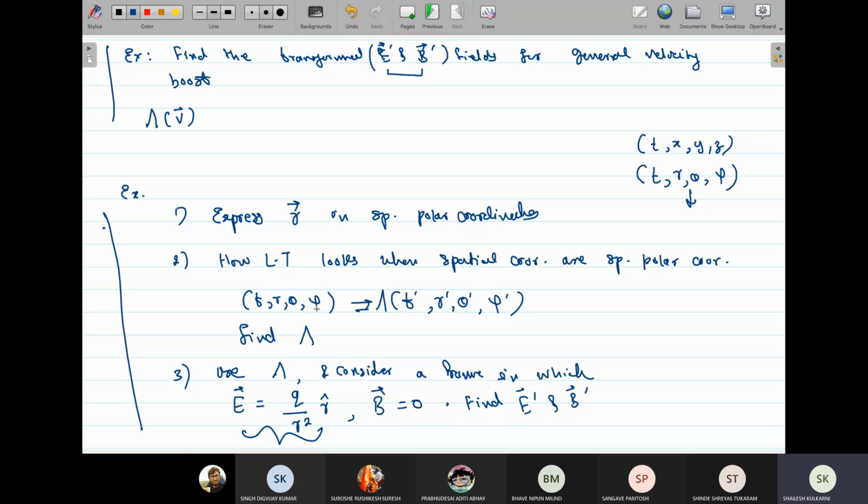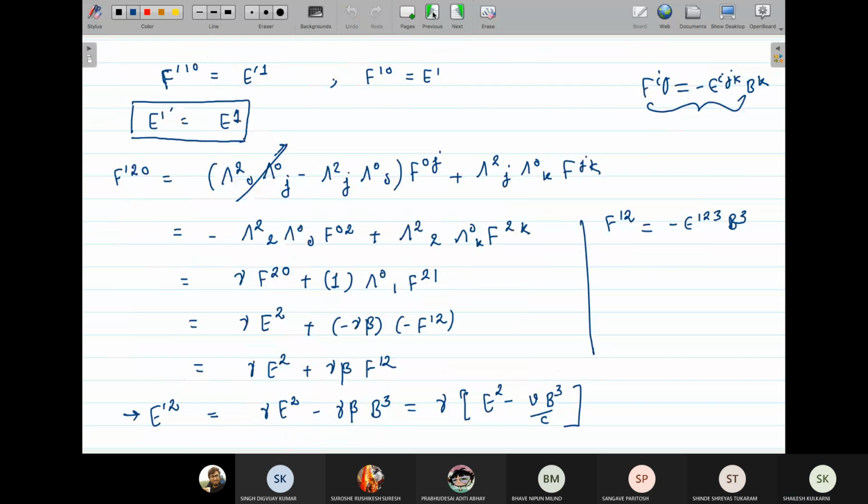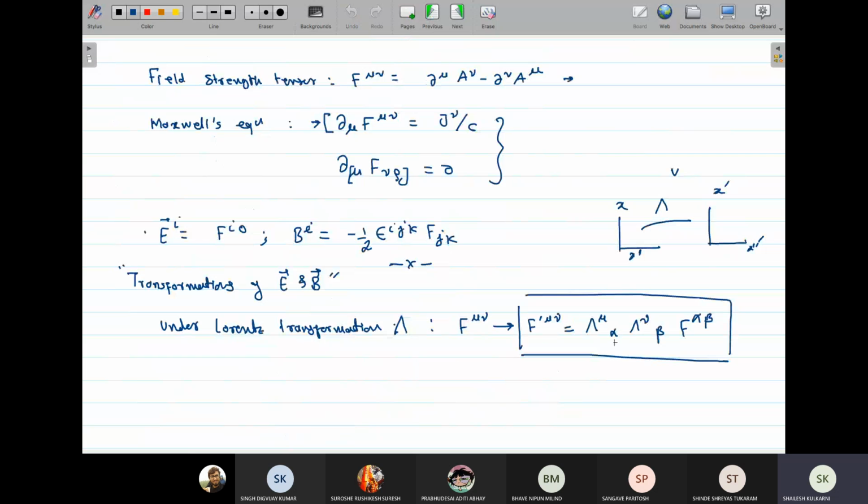If you know this, you know this. Remember, these coordinates do not care about this transformation. It does not matter whether your spatial coordinates are x, y, z or r, theta, phi, any three independent coordinates, whether you work in spherical polar or Cartesian coordinates. Is that clear?